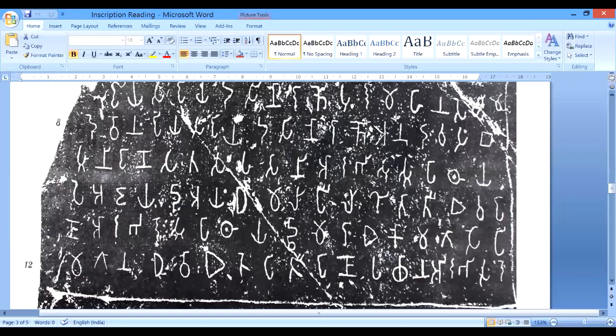Dvo. Then no. Mora, matlab mayur, pikak. Makara, you can see the strokes on both sides, one to the left, one to the right. Mora, mayur, mora. So dua mora, matlab two peacocks.